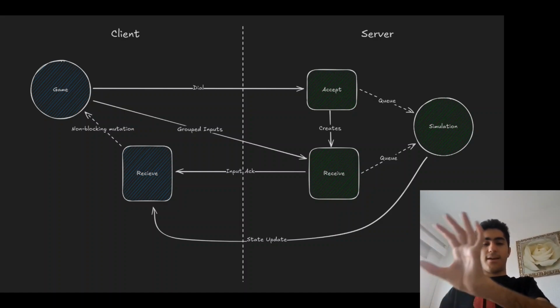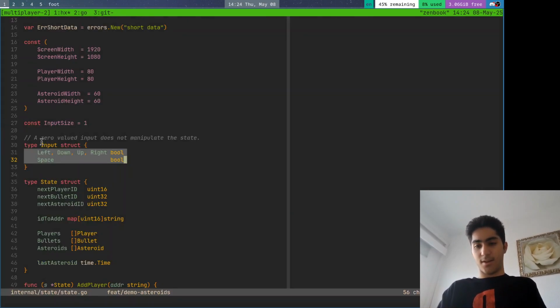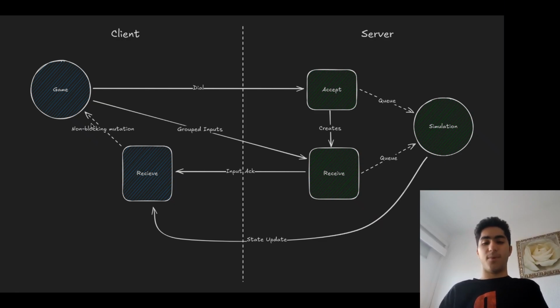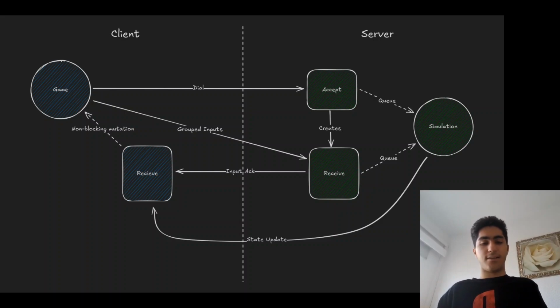So the game right here constructs those input structs we talked about earlier, groups them together the way we said. It's going to redundantly include all the unacknowledged inputs and then send them to the server, and the server is going to receive it in its receive loop.